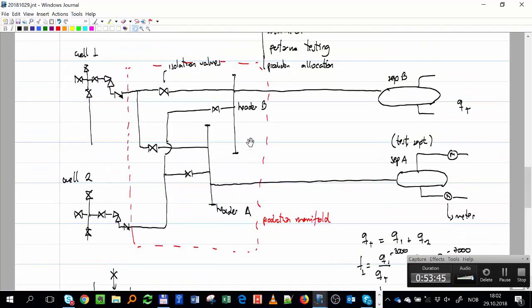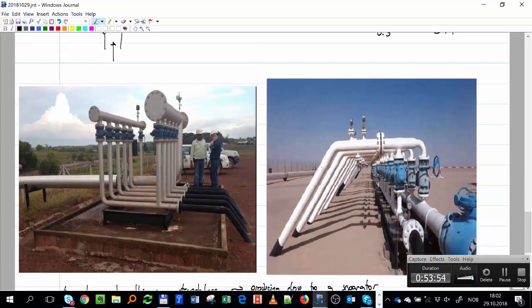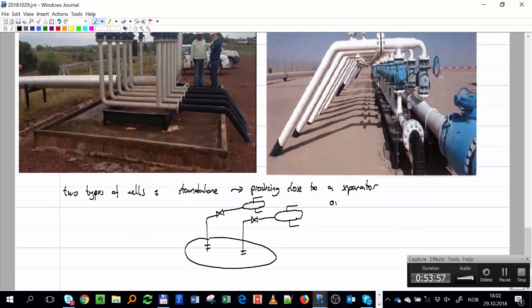So let's call this the pipeline. Or the pipeline is very short, such that P header is very close to P separator.